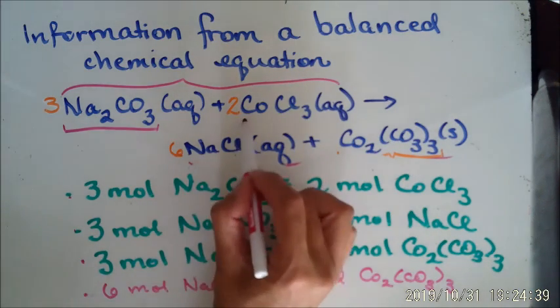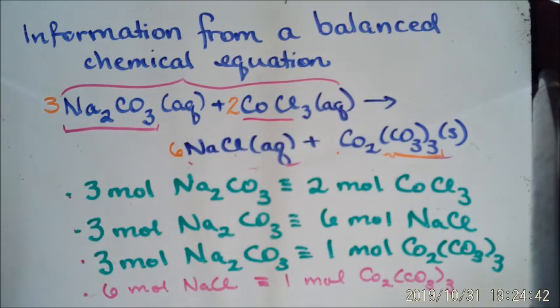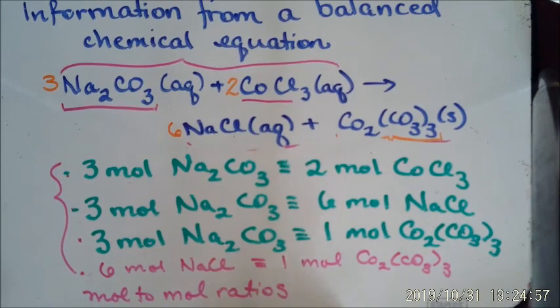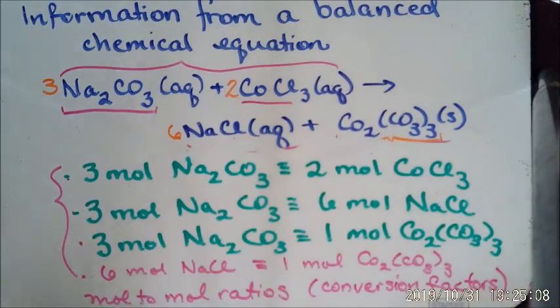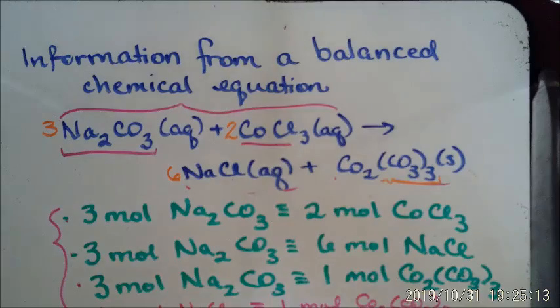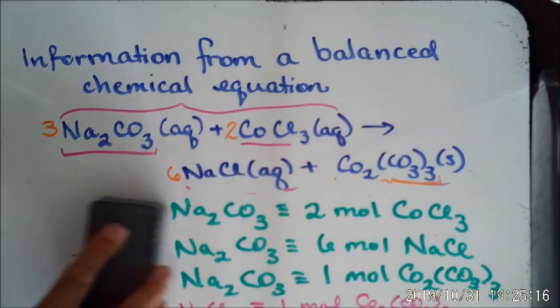And of course, you can use your cobalt-3 chloride and make mole-to-mole ratios. So these are all mole-to-mole ratios. And what we can do with that now is use them as conversion factors. Let's go through and do one example of how you would use your mole-to-mole ratio, and then we'll move on.